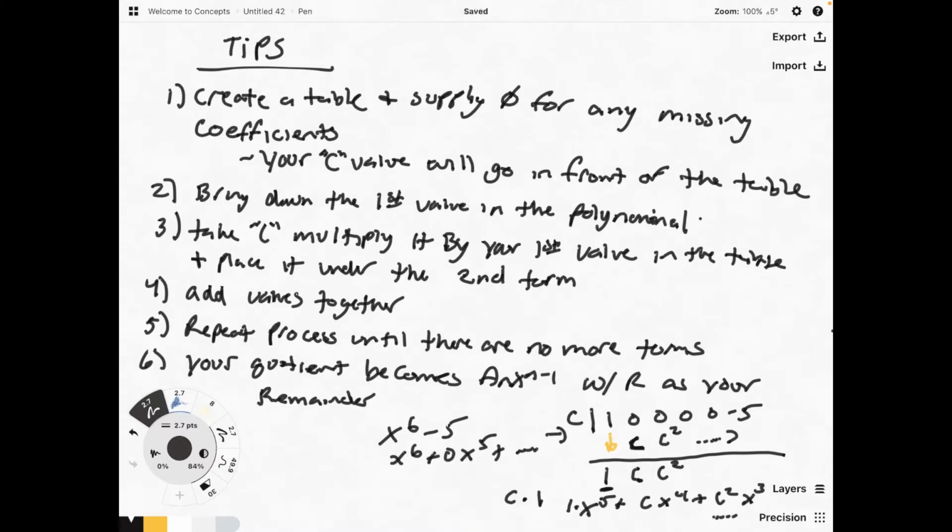Now this term under your last value, if that's 0, then you have no remainder. However, if you have a remainder here, then you would have your quotient, and then you would still need to add your remainder. Let's look at an actual example and put this to the test.